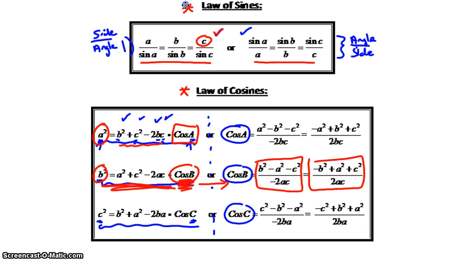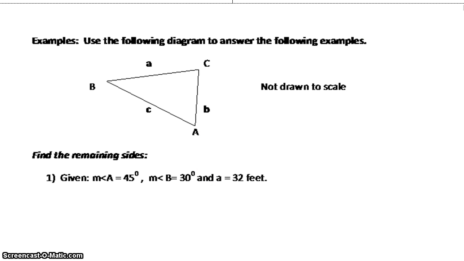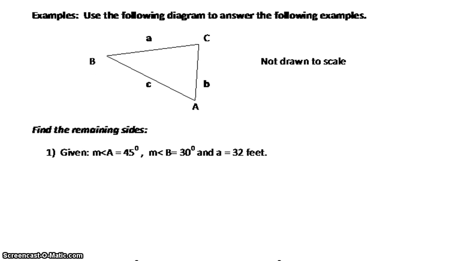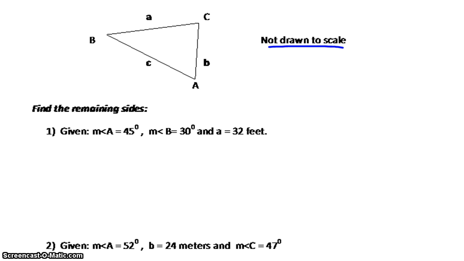So let us begin. In these examples, it says use the diagram. Notice it says not drawn to scale. Rarely are they. In fact, I think one time one of these is an obtuse triangle, and then it's hard to see exactly what happens, or it's something that is larger than what it looks like.